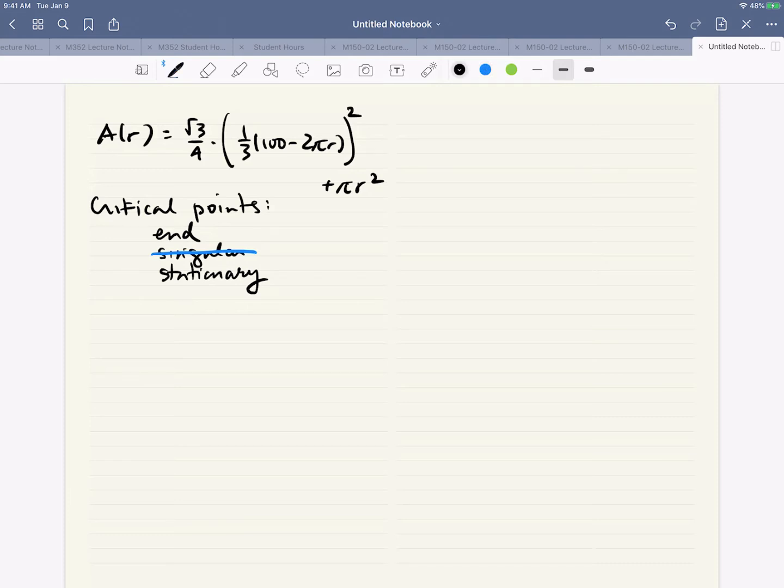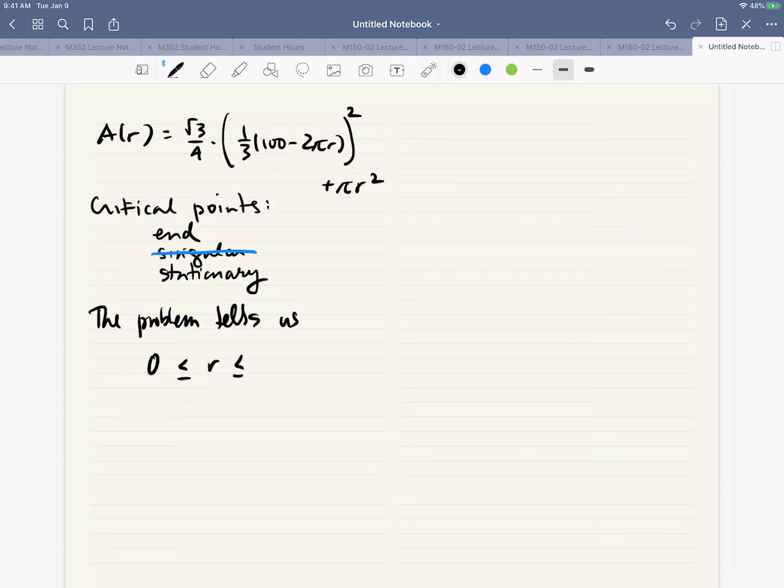When you think about it for a minute, the problem tells us that R is between 0, the case where all the wire goes to the triangle because our circle has radius 0, and R can go to the other extreme where we have no wire for the triangle, and all the wire goes for the perimeter of the circle.